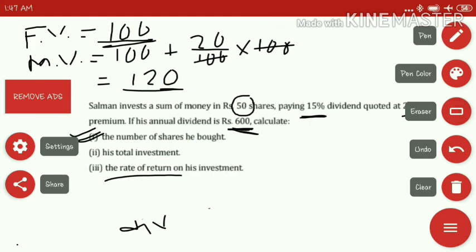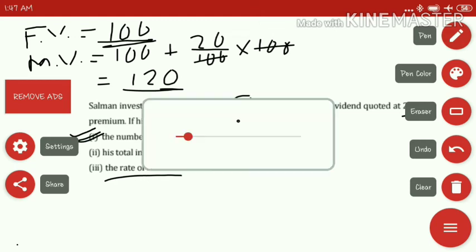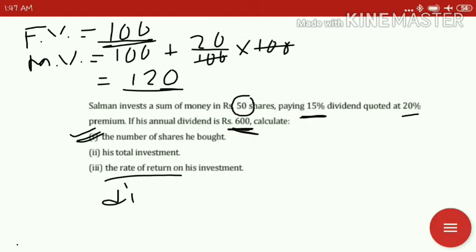That will be dividend by investment. So the dividend by investment, if you multiply by 100, that will be the rate of return that you will get on his investment.